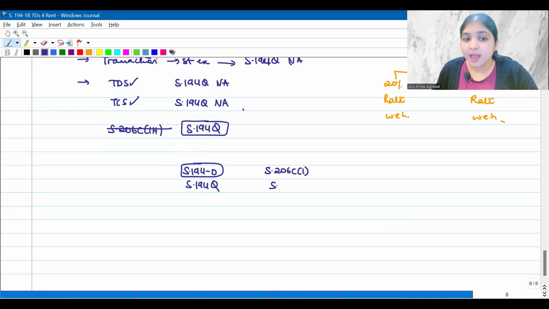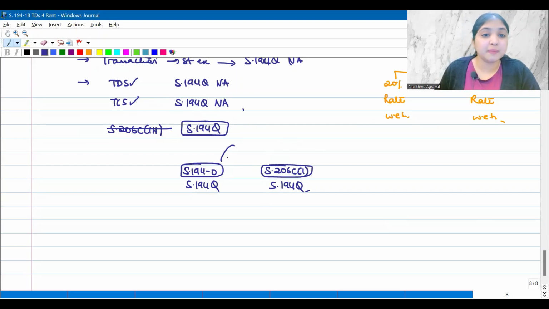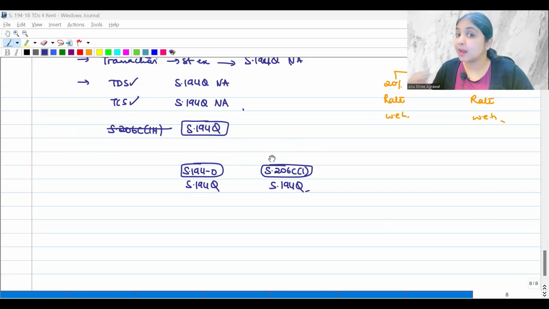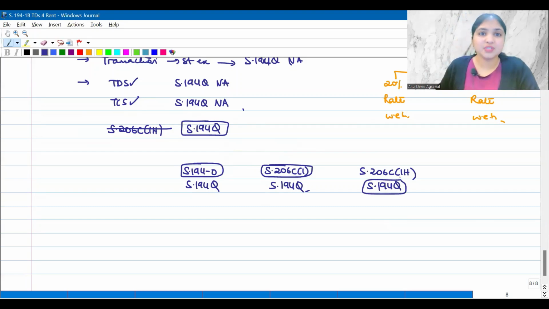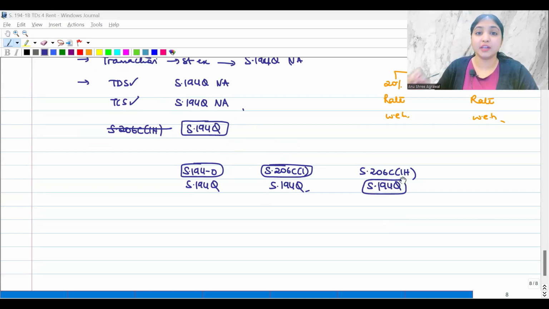If 206C1 is applicable and section 194Q is applicable, 206C1 is a TCS section, guys, you will be aware of it. So if any other TCS section is applicable, you apply that. I will not apply 194Q. So if any other TDS section is applicable, you apply that. If any other TCS section is applicable, you apply that. However, if TCS 206C1H is applicable and 194Q is applicable, between these two sections, we give priority to 194Q.